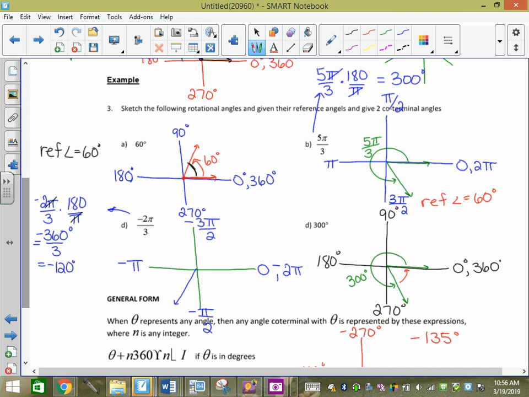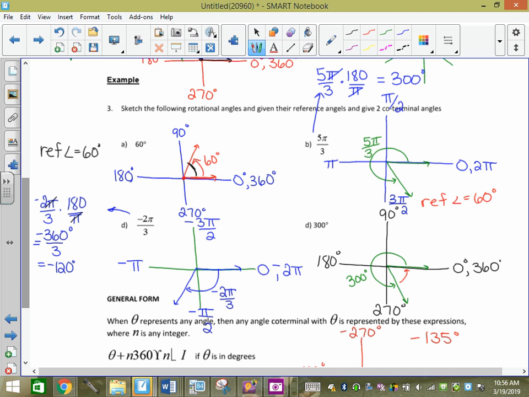It's going to be here. So that's negative 120. But I can't write negative 120. I have to write negative 2 pi over 3. Does this make sense on what we're drawing? Converting? Yep.